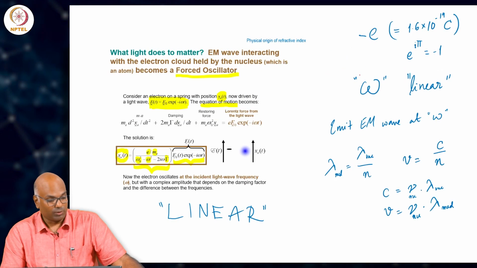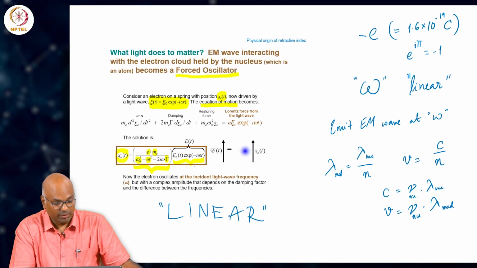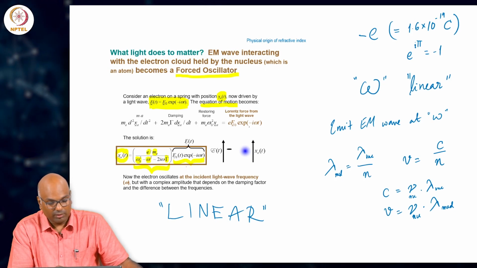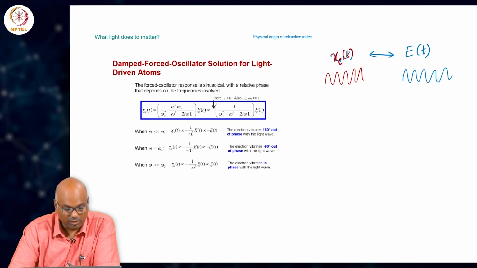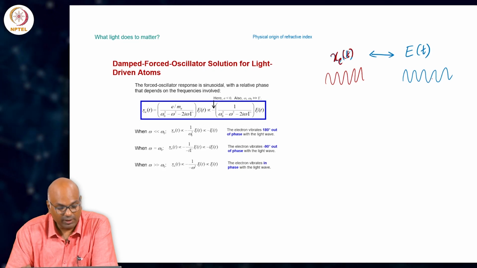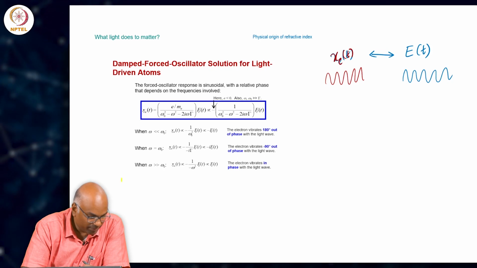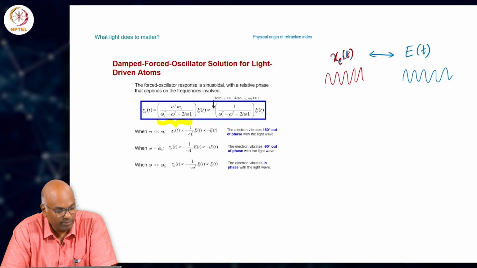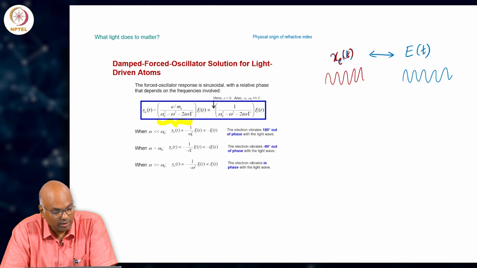The solutions told us that there is only one oscillating, time dependent term in this equation, which is basically the complex exponent. Likewise, over here, these two are going to oscillate with respect to each other, but they are mediated by a coefficient which is essentially a complex number, E by m divided by omega naught square minus omega square minus 2i omega gamma.